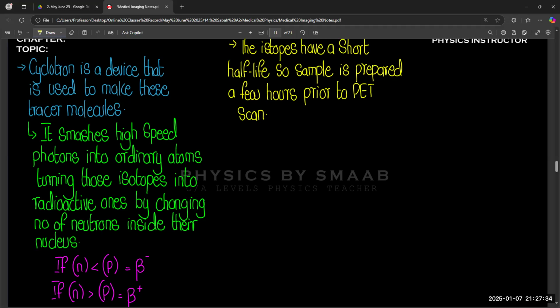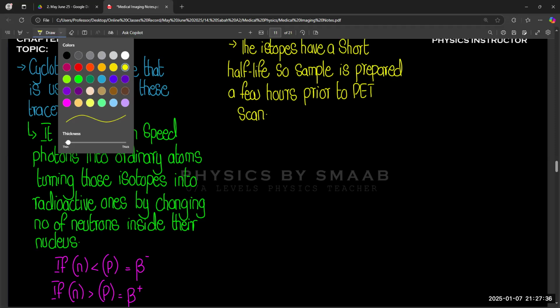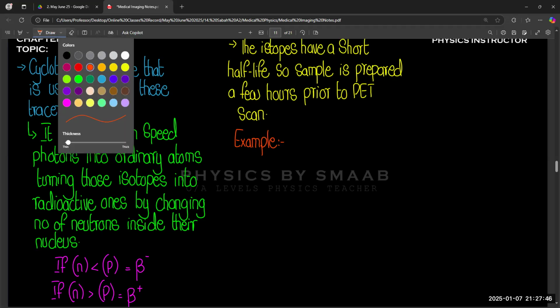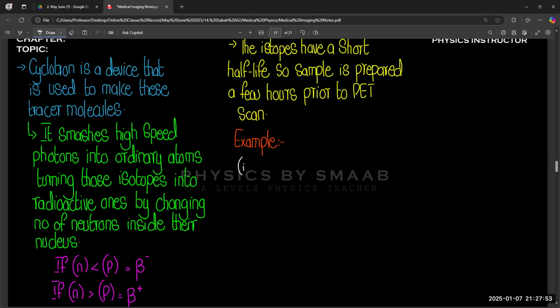Yes, and there are some examples also, if you just want to know about some examples. For example, they use fluorodeoxyglucose. So this is one sample.